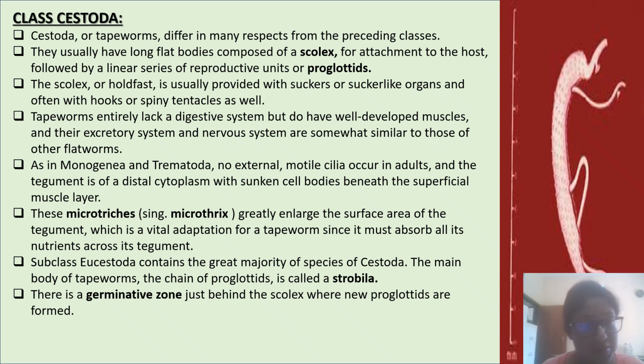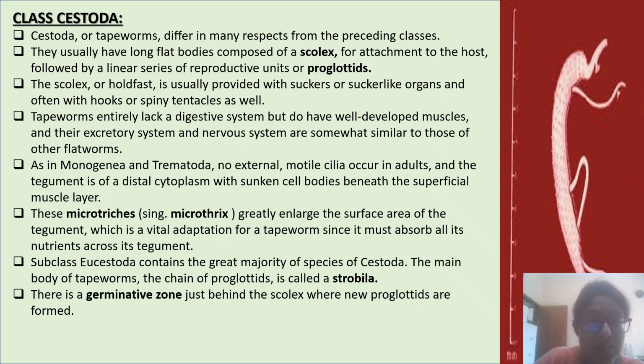Next, class Cestoda. Cestoda, also known as tapeworms, differ in many respects from the preceding classes. They usually have long flat bodies composed of a scolex, which is for attachment to the host, followed by a linear series of reproductive units or proglottids.